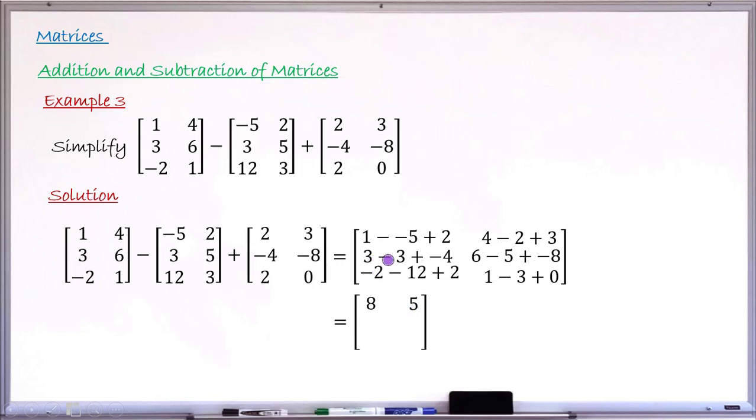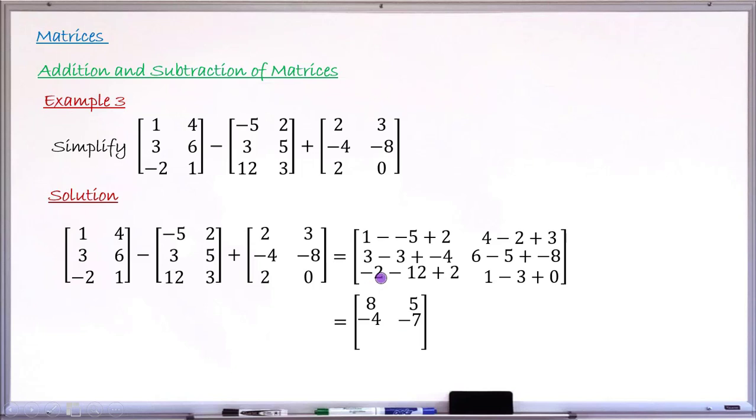Then 3 minus 3 is 0, and plus minus is minus, so I have minus 4 here. And 6 minus 5 is positive 1. And plus minus is minus, 1 minus 8, that will be minus 7. Let me write it here.